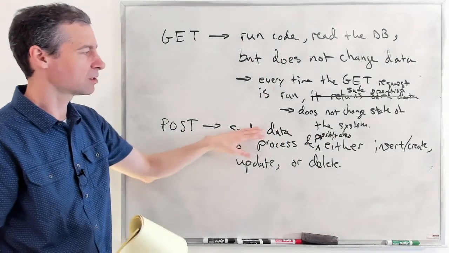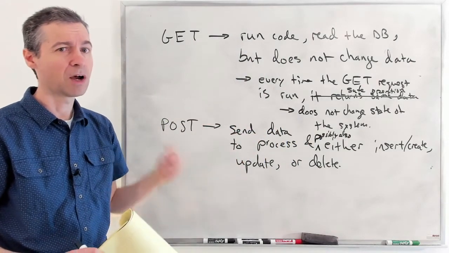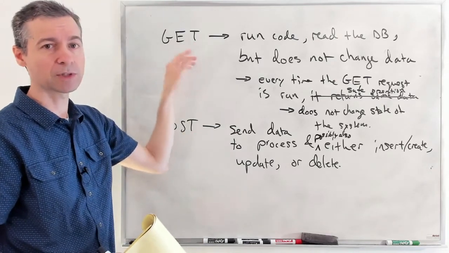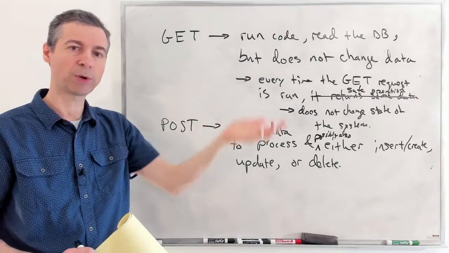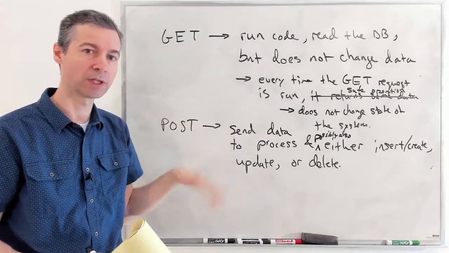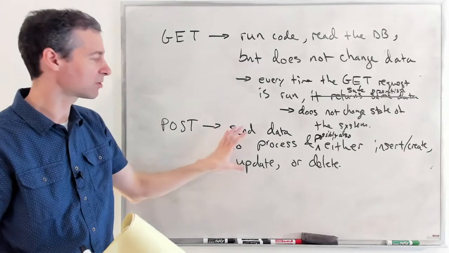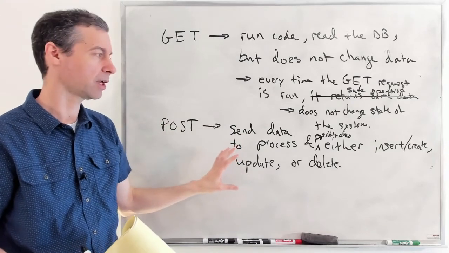But if we need to send in a bunch of data and we're not really changing the state of the system, usually what we would do is we'd want to do it on a GET request with a query string. We want to send in the name, value, parameters as part of the query string and run it that way. If we want to change the system, we aim to do it with posts, okay?